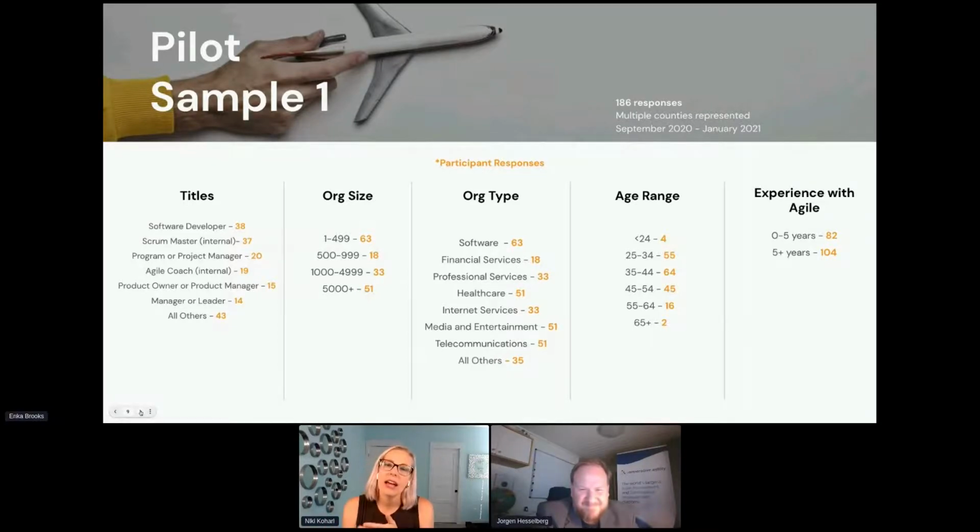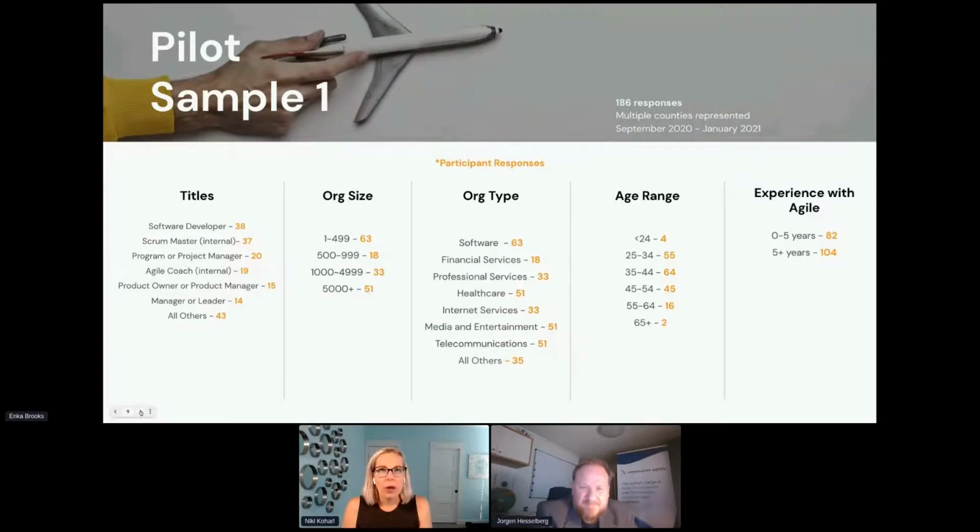What you're looking at here is just some of the demographic characteristics, because people are always interested in who participated in the survey. 56% of the sample happened to have more than 5 years of experience with Agile, but others had less experience, so it was a good mix of folks. We also had a good mix of company sizes and company types, as you can see here.